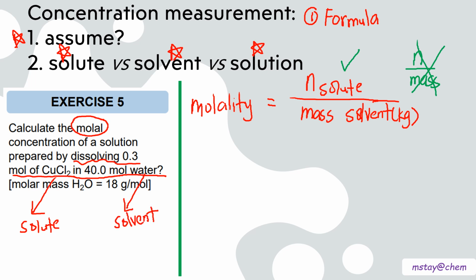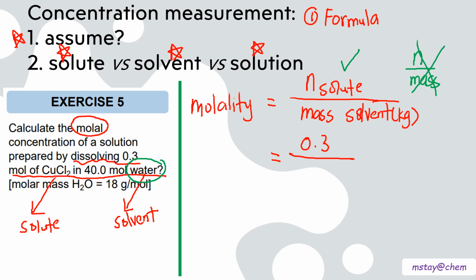Then it is very important and easy for you to substitute the values correctly. Mole of solute refers to copper 2 chloride, so you will substitute 0.3 mole here, but not 40, or the total of 0.3 with 40, over the mass of solvent. So here we also know that we need to determine the mass of water.